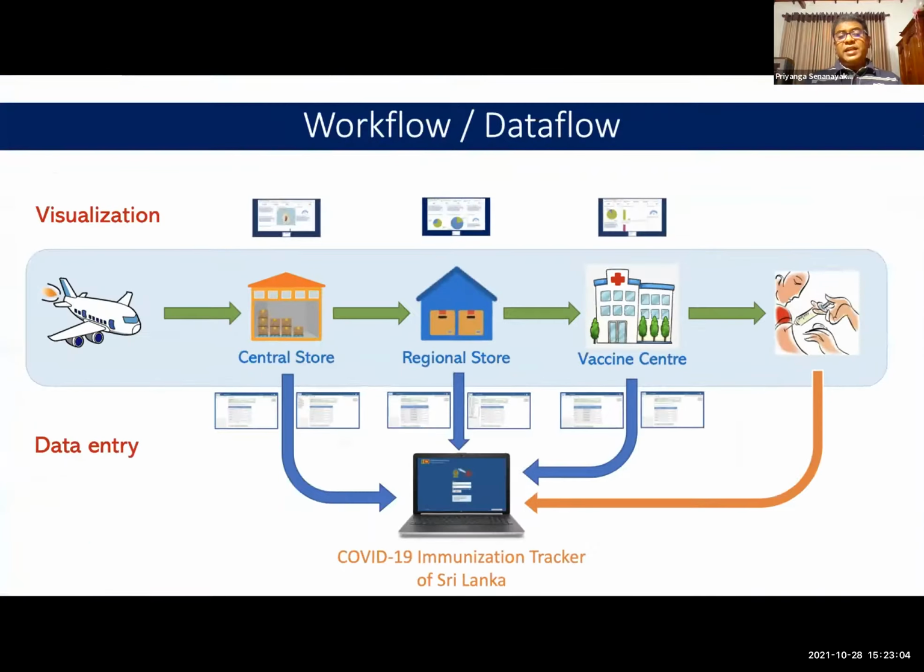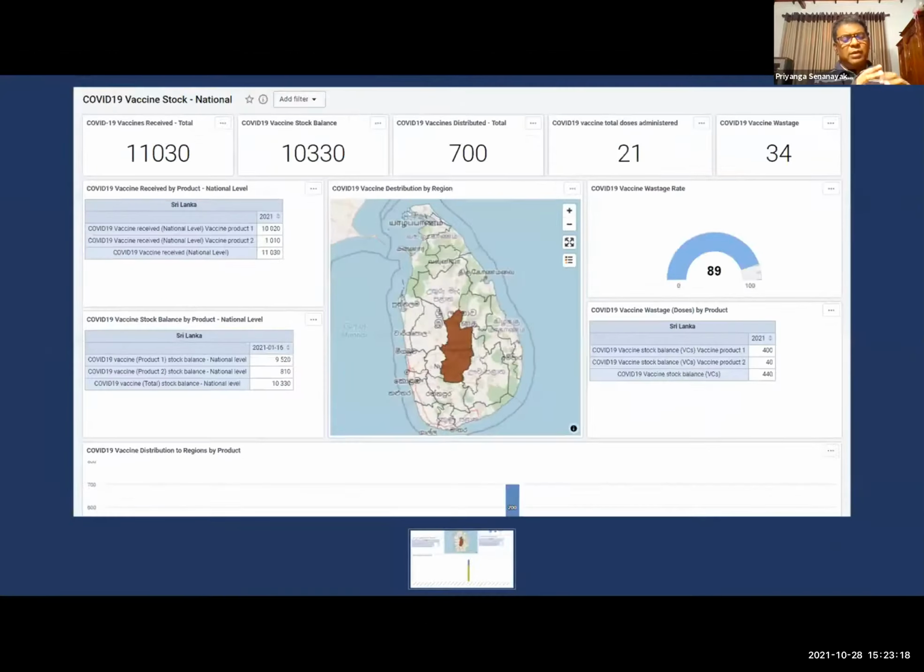So these are the only data we are capturing in our system. With this simple set of data, we have generated a number of indicators which are very useful in monitoring these vaccine stocks at each level.